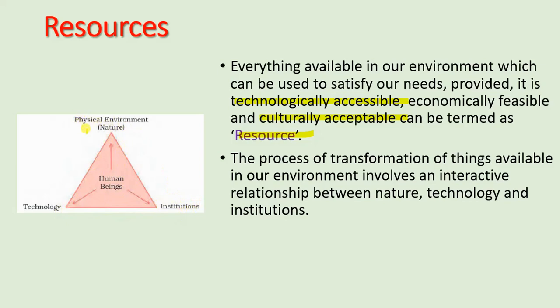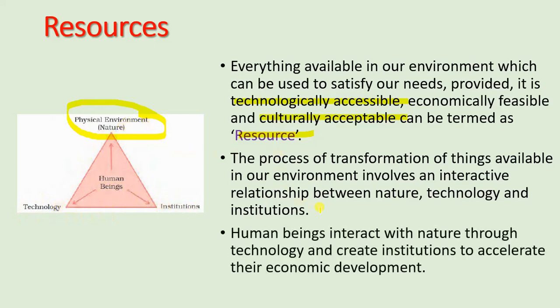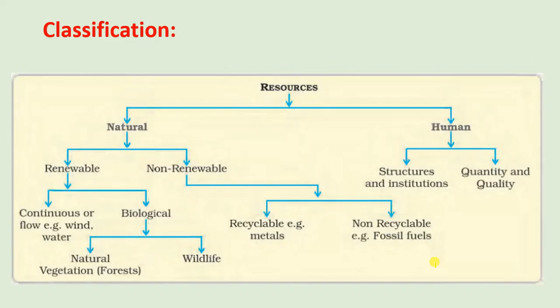Whatever resources are available in nature, human beings try to make institutions and plans, with appropriate technology, for how to use that resource. Human beings interact with nature through technology and create institutions to accelerate their economic development.